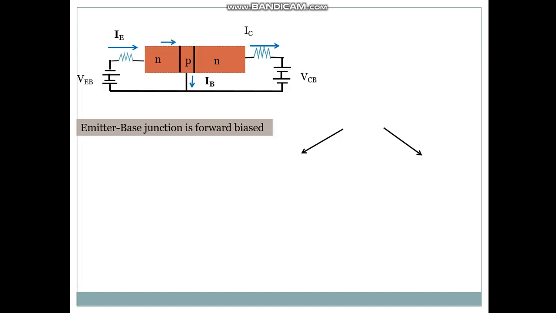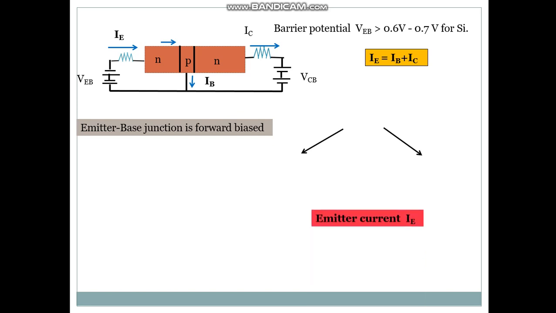This is the structure. The emitter base junction is forward biased, as we can see in the diagram. The barrier potential VEB is greater than 0.6 volts, or 0.7 volt for silicon. The emitter current is divided into the base current and the collector current. So, IE is equal to IB plus IC.